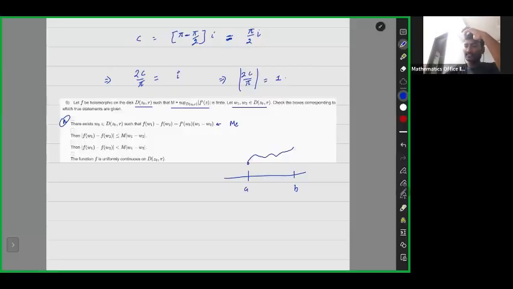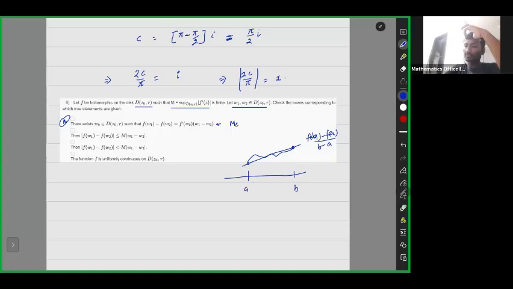Then the slope of the line is fb minus fa by b minus a. There exists some point where the slope matches.